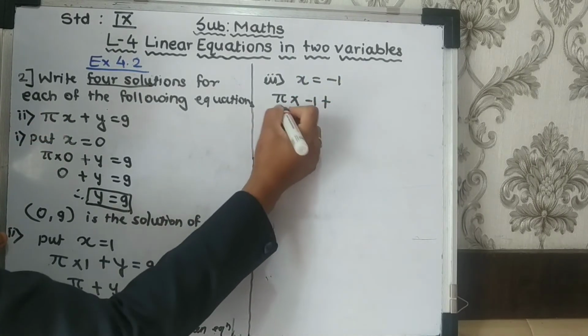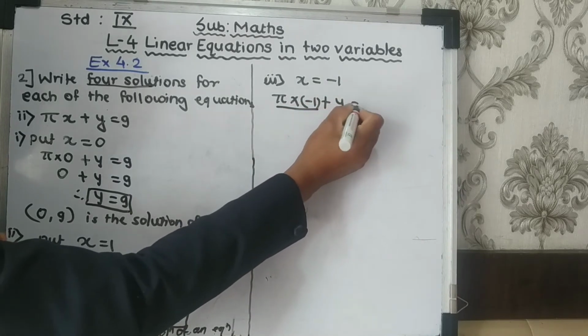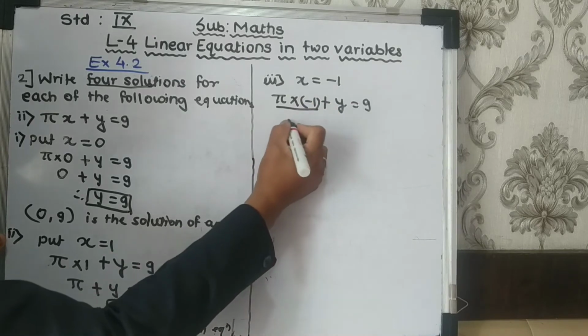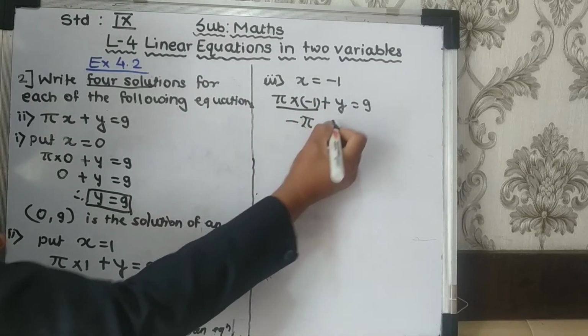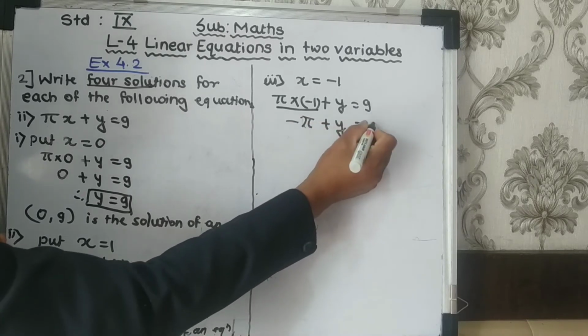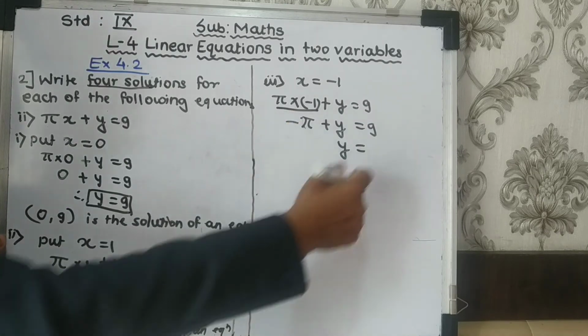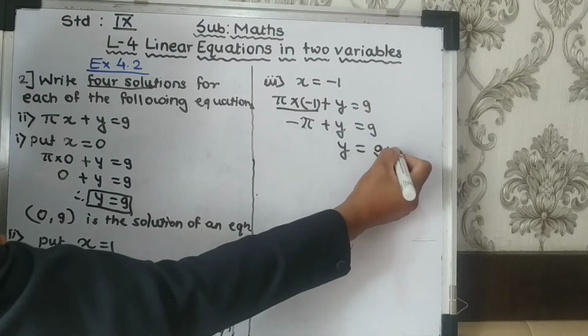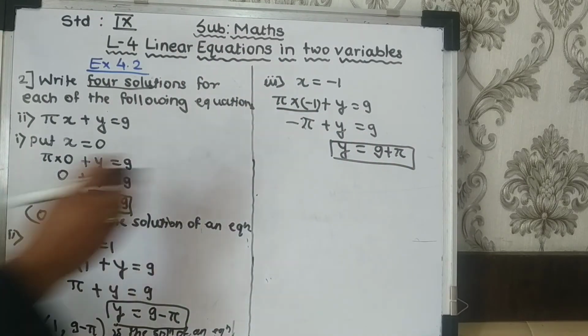Plus y is equal to 9. Now pi into minus 1 is what? Minus pi plus y equals 9. Now y we are going to find, so y we will keep on the left side and pi we will transpose, so it becomes plus pi. Got it? So this is the value.